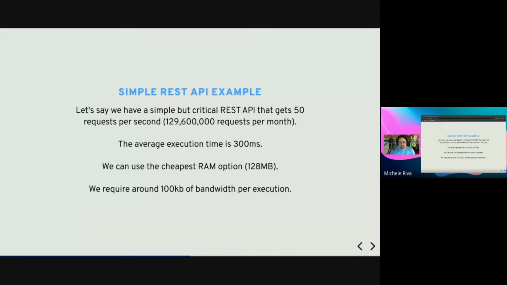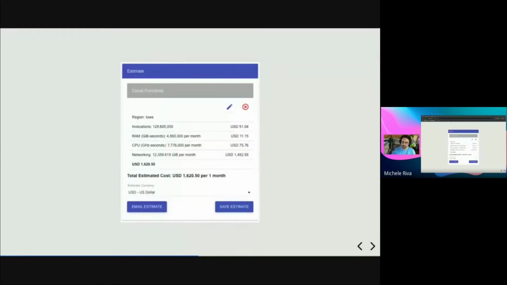And we can use the cheapest RAM option, which is 128 megabytes on Google Cloud Functions. That would require around 1 kilobyte of bandwidth per execution. So these aren't big numbers, right? So let's do some math. That would cost around $1,620 for one single month.